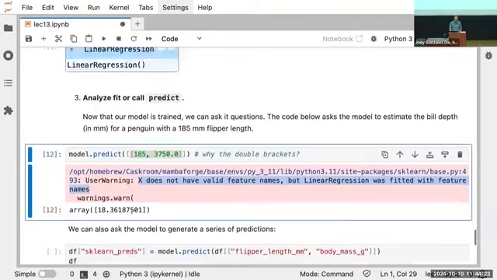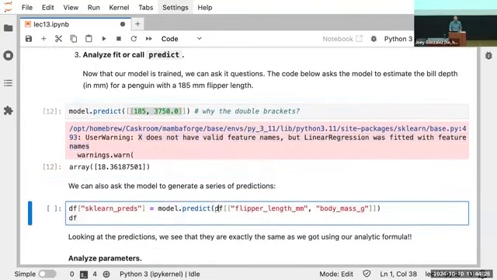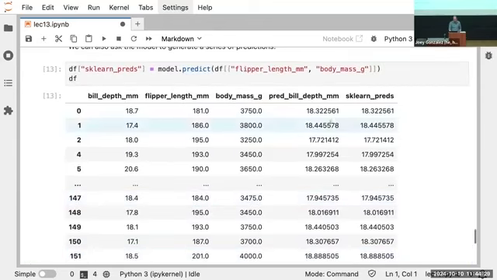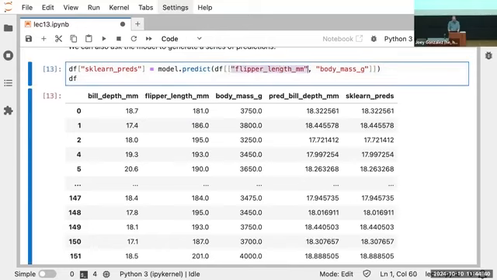If I just pass in my data frame, which has named columns, I run it, it makes predictions. These are my predictions. They're exactly the same as the ones I got from my linear algebra, but I didn't have to do any matrix stuff. And if I flip my column order, what's going to happen? What will happen?